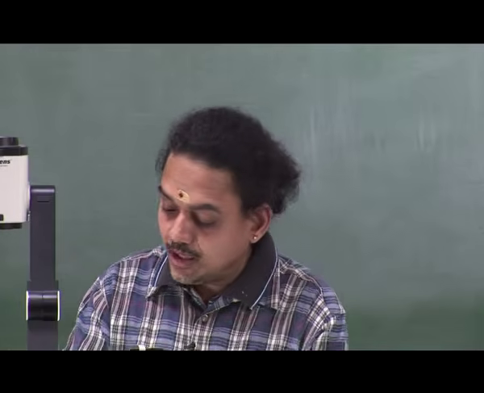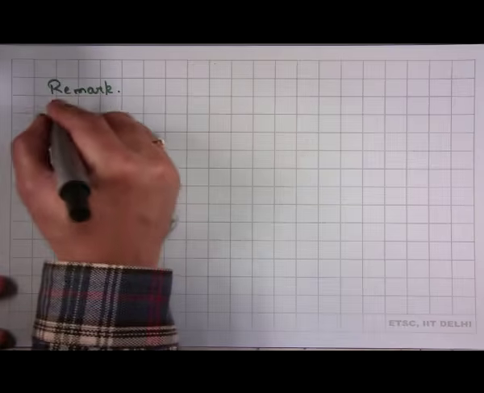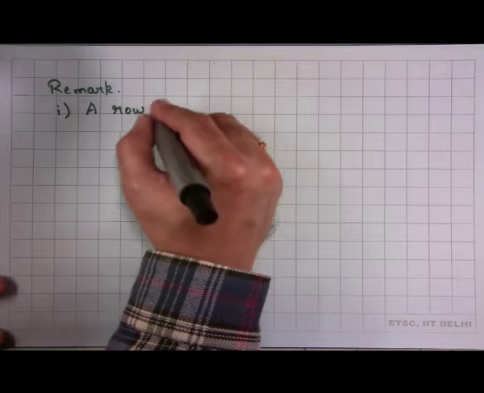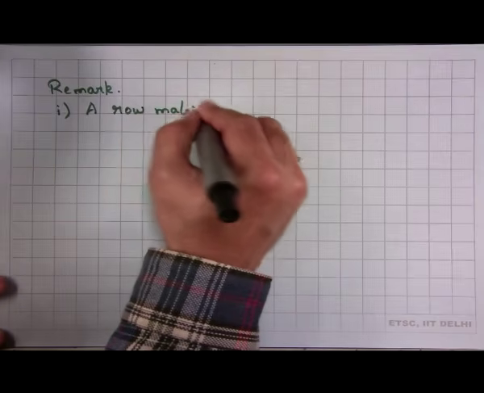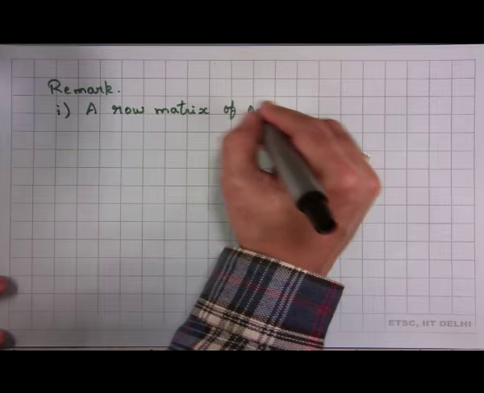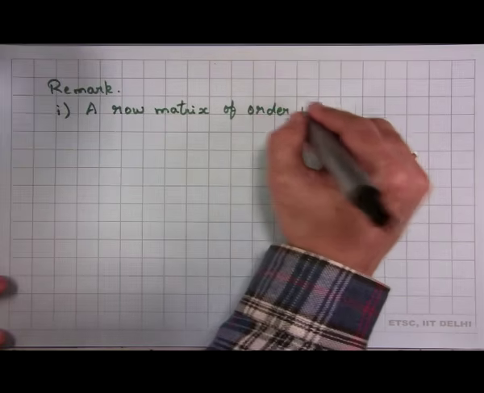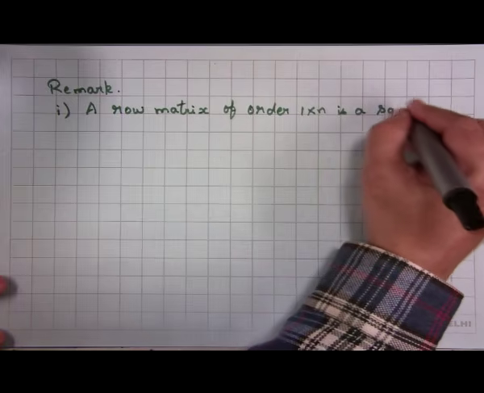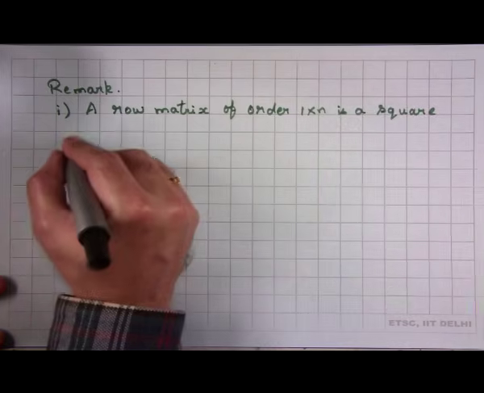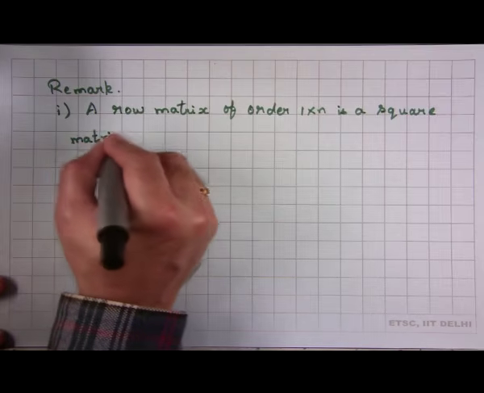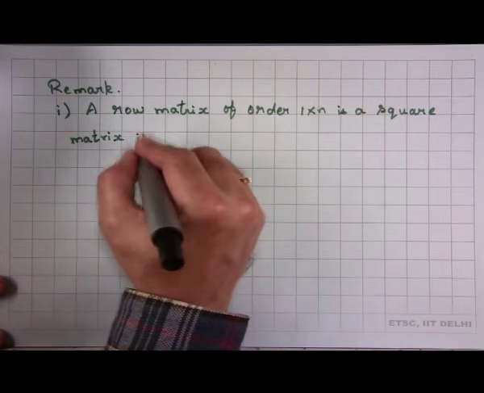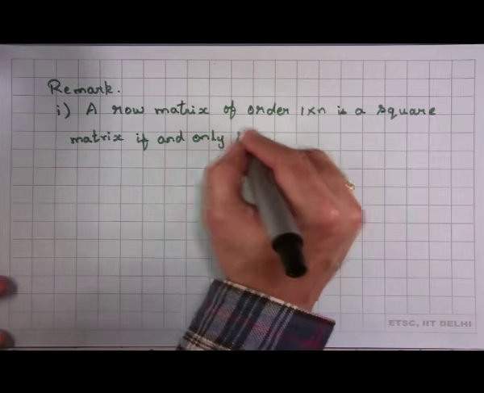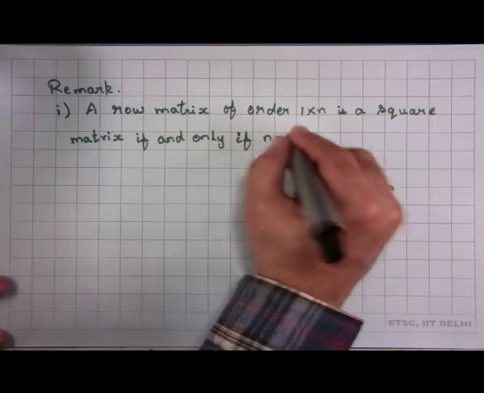So, let us make a small remark. First one: a row matrix of order 1 by n is a square matrix if and only if n equals 1.